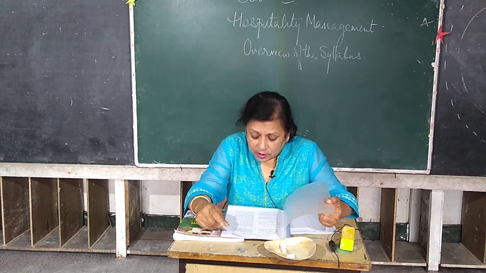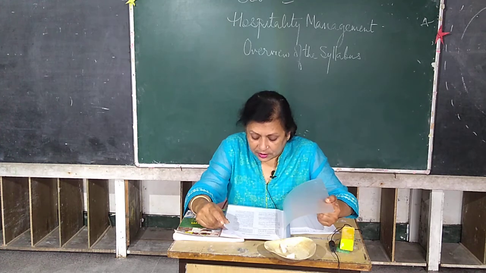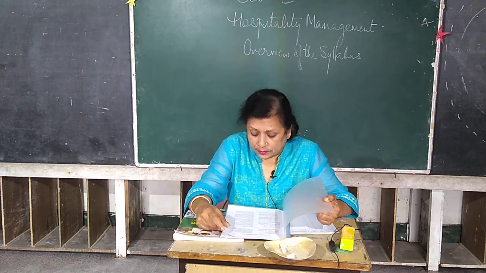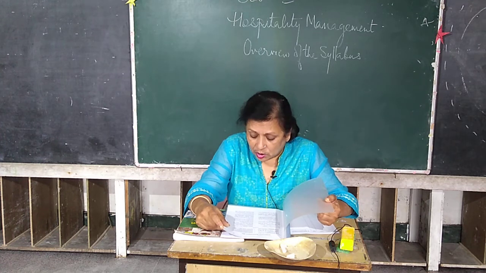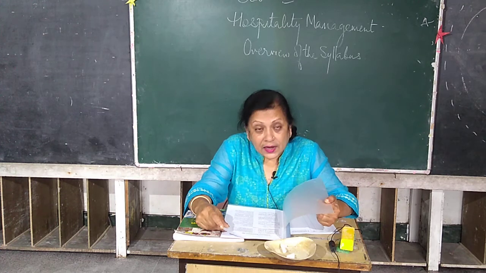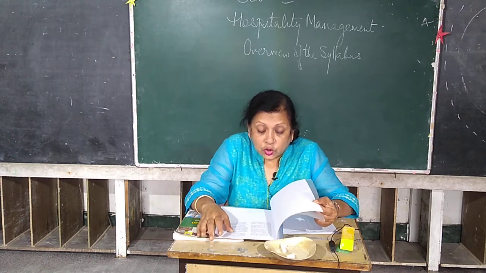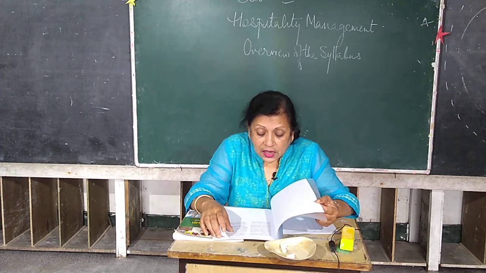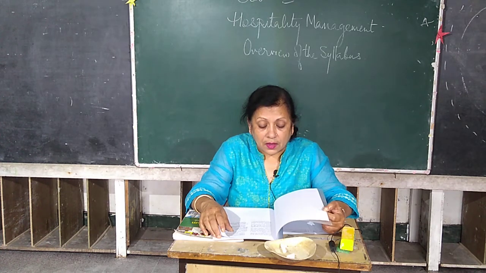The fifth unit includes the different departments in a hotel, like food and beverage service, front office, accommodation operations, and food production. When we talk about food production, we must have a basic knowledge of salt, sugar, fats and oils, raising agents like yeast, and different cuisines, out of which we have to study 2 Indian regional cuisines and their popular dishes, along with 2 international cuisines, which could be French and Italian.